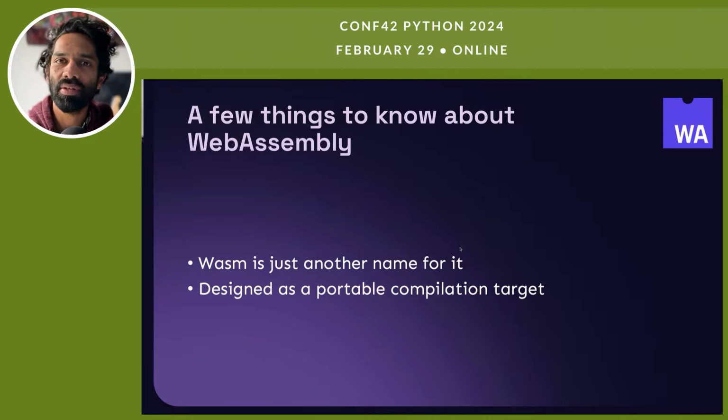Really how it was designed was for it to be a portable compilation target, which means any WebAssembly module could run anywhere, right? Any architecture, any OS, any system, as long as that system could run a particular WebAssembly runtime. Now, what does that mean?